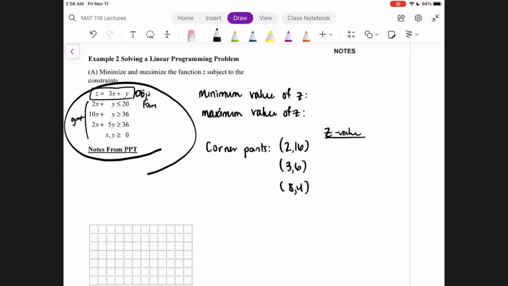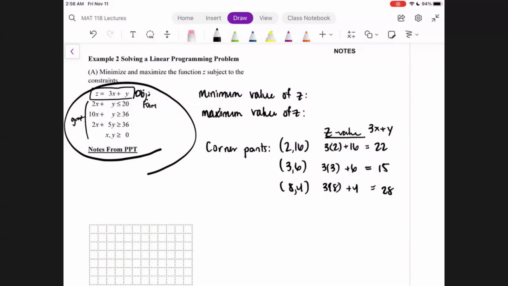So remember your z is 3x plus y. So this would be 3 times 2 plus 16. That will be 22. This next one will be 3 times 3 plus 6, and that is 15. And this last one will be 3 times 8 plus 4, and this is 28.